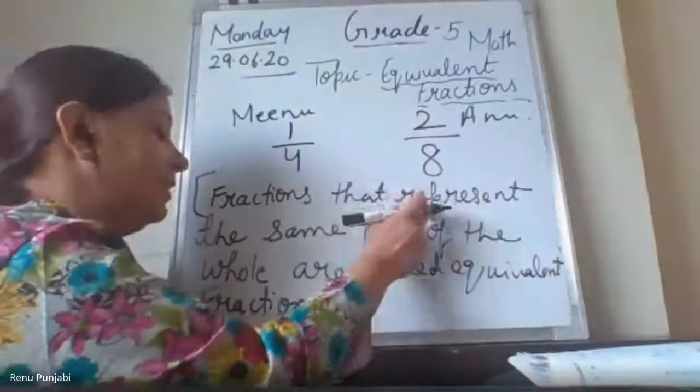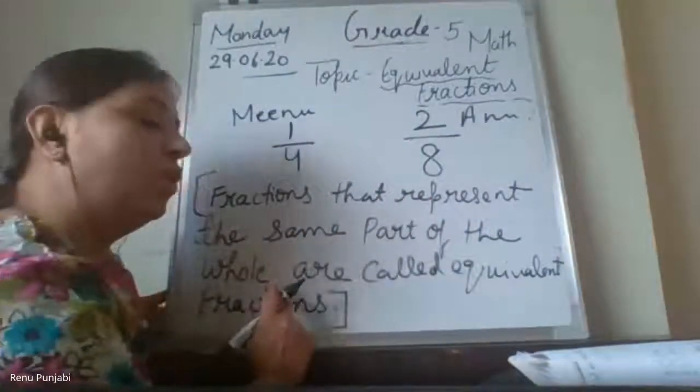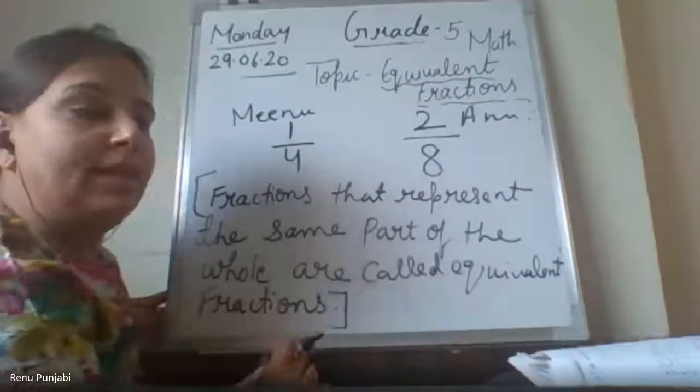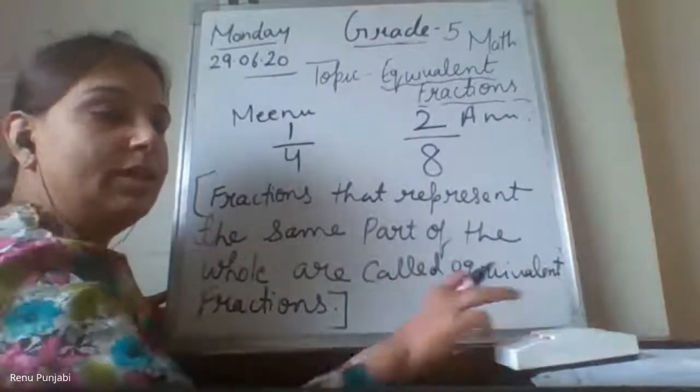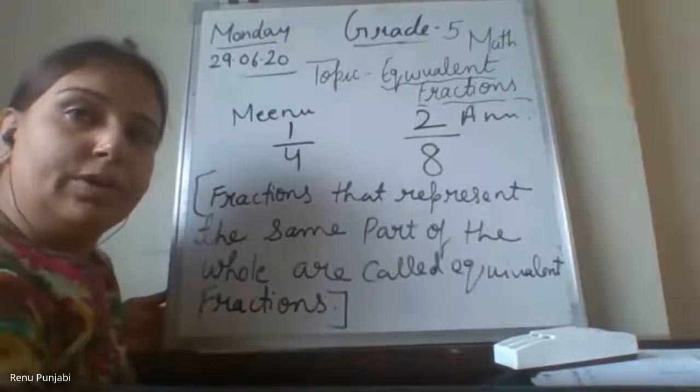Fractions that represent the same part of the whole are called equivalent fractions. Please write this definition in your notebook. Maths notebook, this definition from here to here. What is an equivalent fraction? Fractions that represent the same part of the whole are called equivalent fractions. Please write it in your notebook.